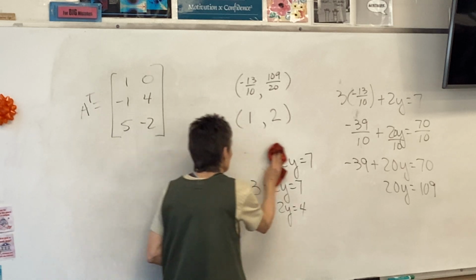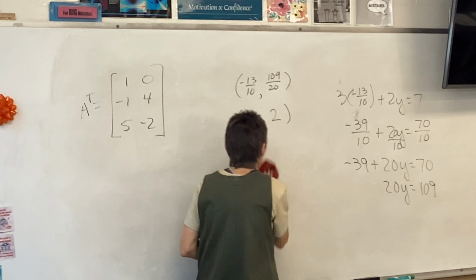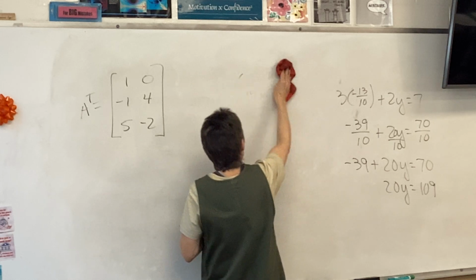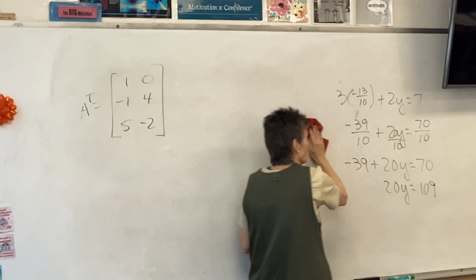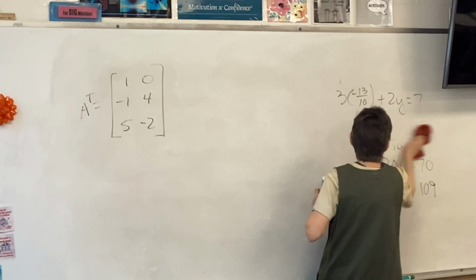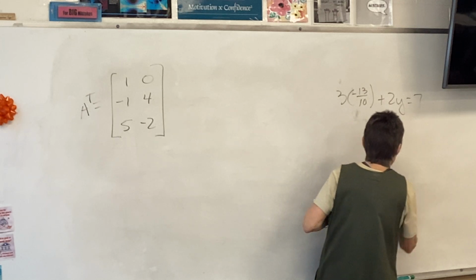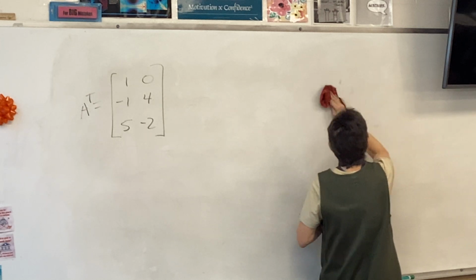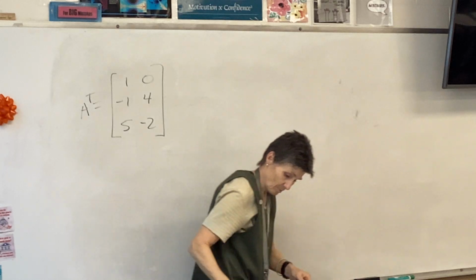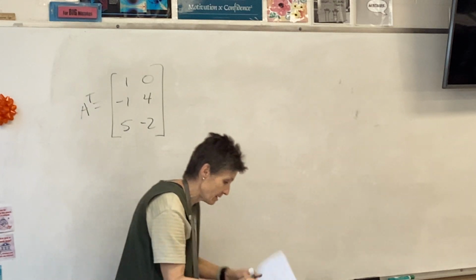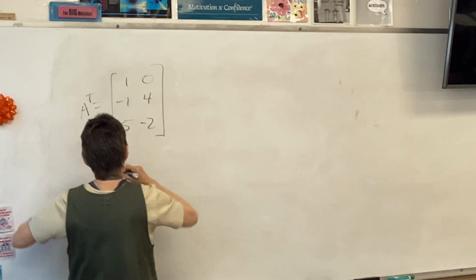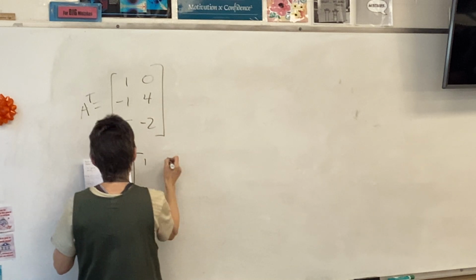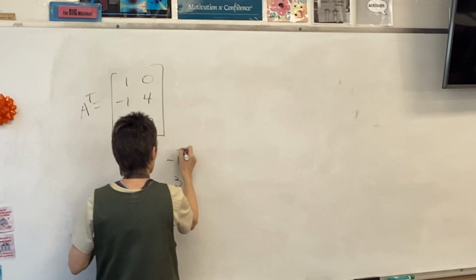C minus 2D. Can I do it before I write it all down? Yes. So I will write down C, which is 1, negative 1, negative 2, 3.